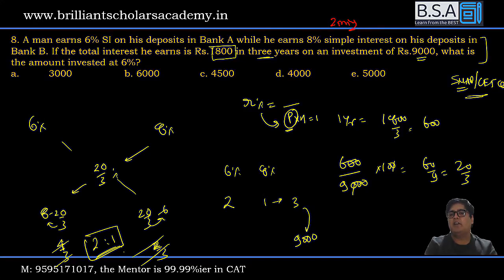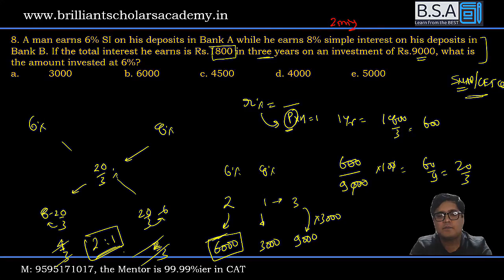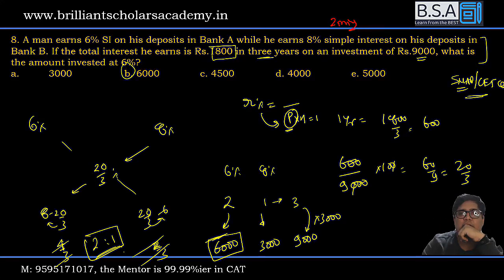How do you convert 3 into 9,000? By multiplying by 3,000. So the investment here is 6,000 and investment here is 3,000. This was the question. 6,000 rupees.